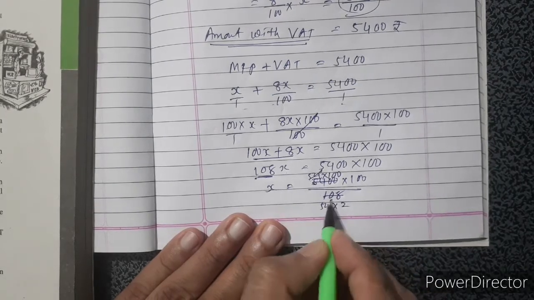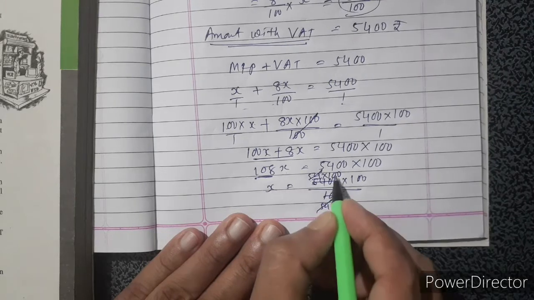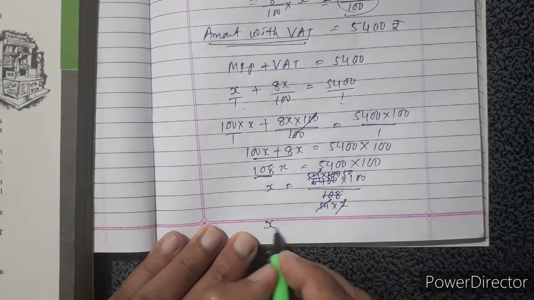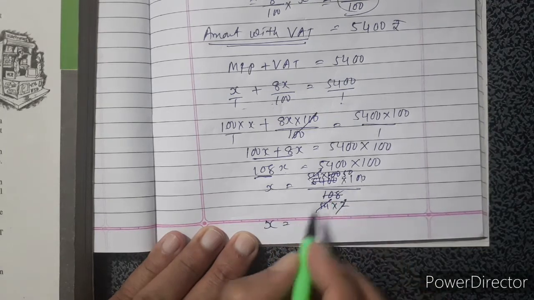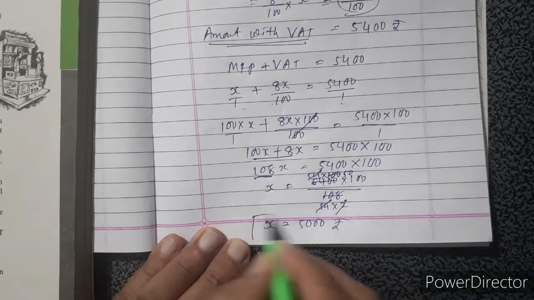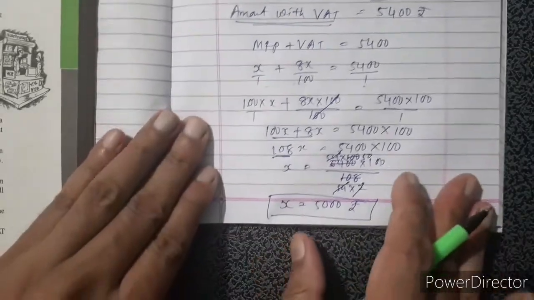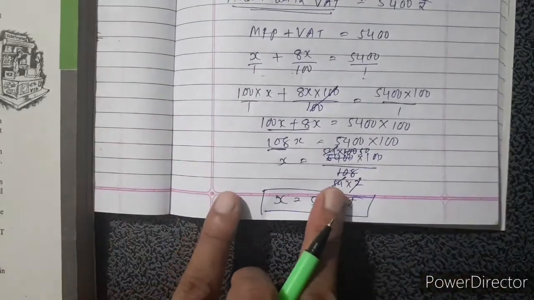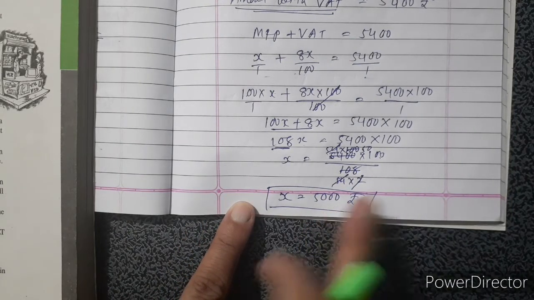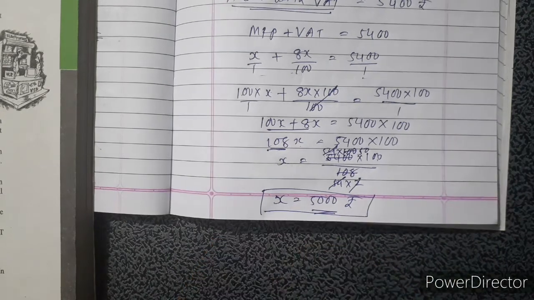So 54 and 54 cut, and 2 fifties are 100. So X equals 50 into 100, that is 5000 rupees. It means the price of the hairdryer before VAT is 5000 rupees.